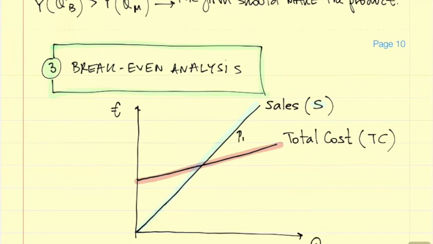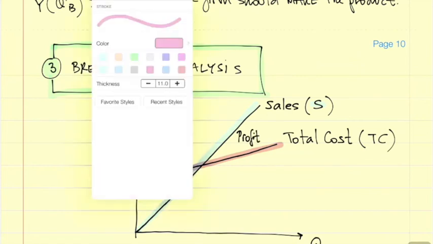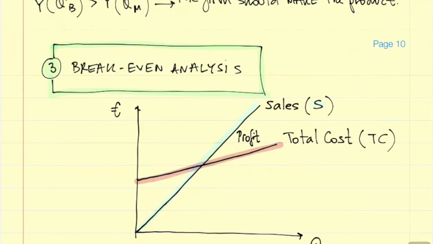Okay, so whatever we have up here, this area, is going to be our profit. We have some fixed cost.